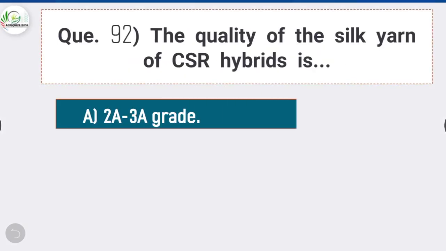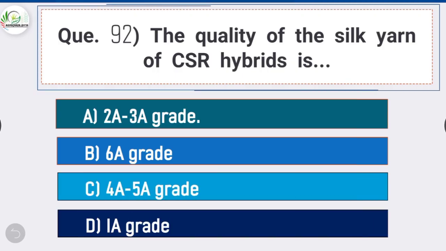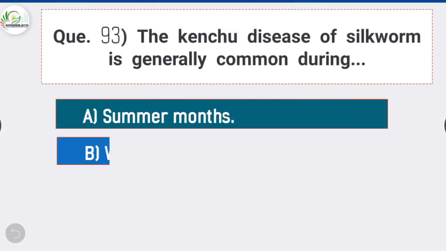Question number 92. The quality of the silk yarn of CSR hybrids is, correct answer is option A, 2A 3A grade. The quality of the silk yarn of CSR hybrids is 2A and 3A grade. Question number 93.